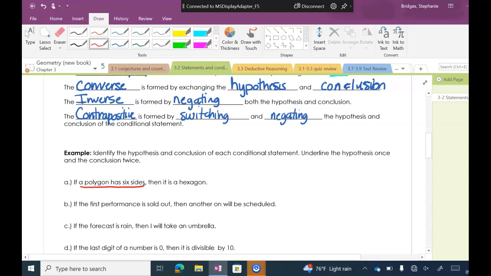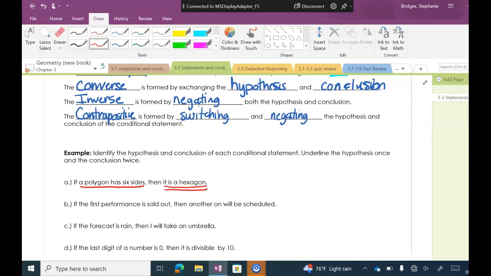And then we said that our conclusion comes after what word? Then. And what's after then here? It is a hexagon. So I'm going to underline that twice, because it tells me underline the hypothesis once and the conclusion twice. Does that make a little bit of sense?